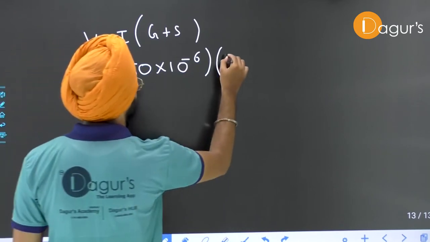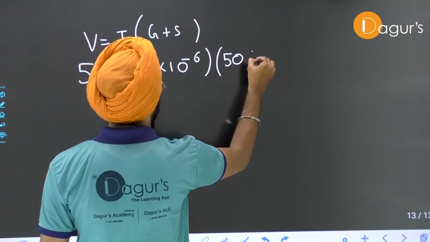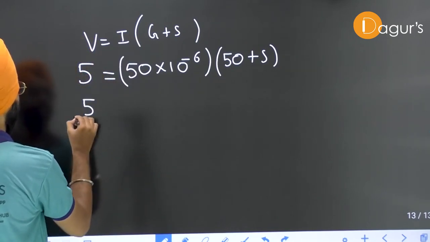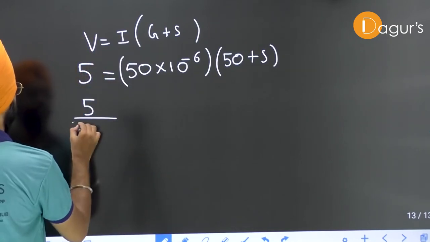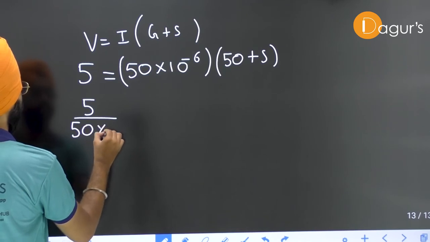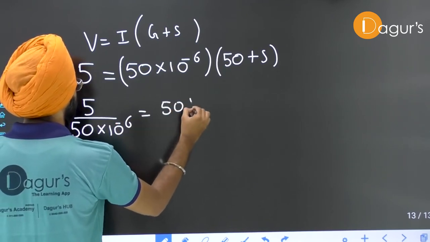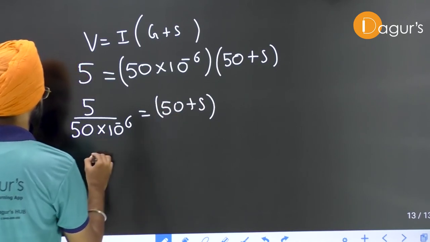Now, G is 50 and S we need to calculate. So, this is becoming 5 upon 50 into 10 to the power minus 6 is equal to 50 plus S.